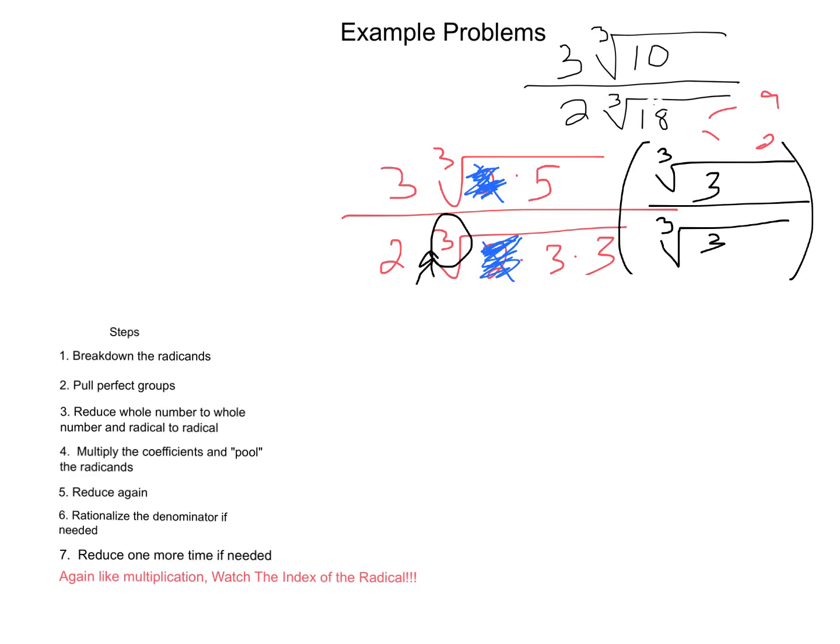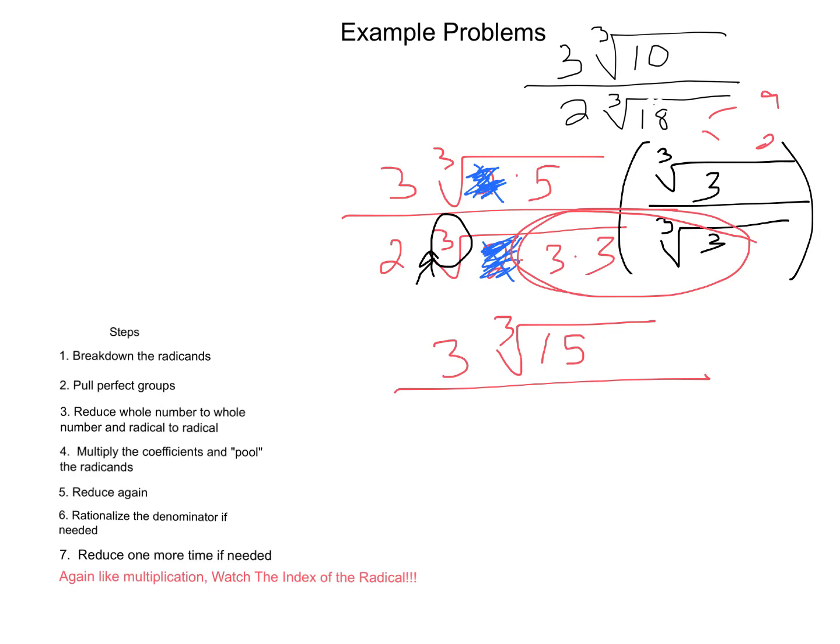Okay? So let me get rid of that so it doesn't confuse people. So now, let's multiply. So we're going to have 3 radical, now 5 times 3 cube root 15, over, now this creates a perfect group, so it's going to kick out of the radical as a 3. So you're going to get 6 now on the bottom. And our last step says to reduce again.